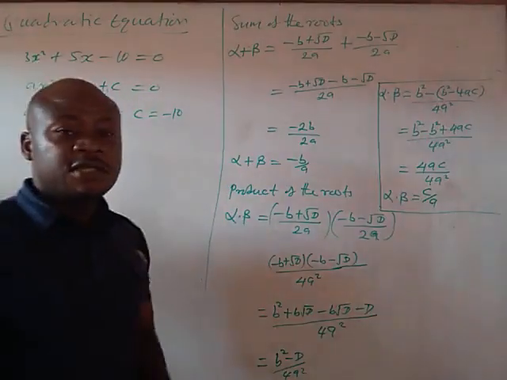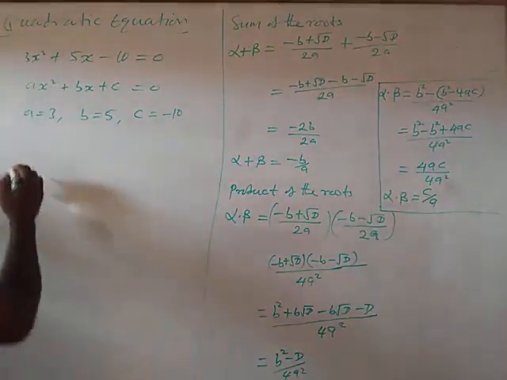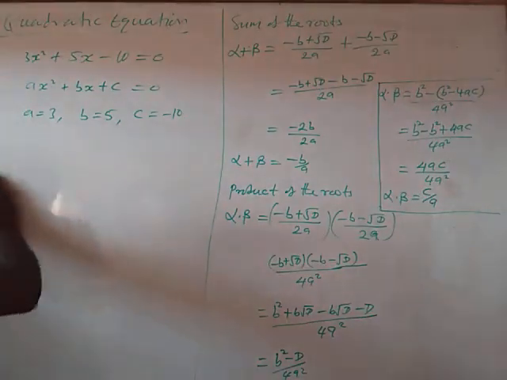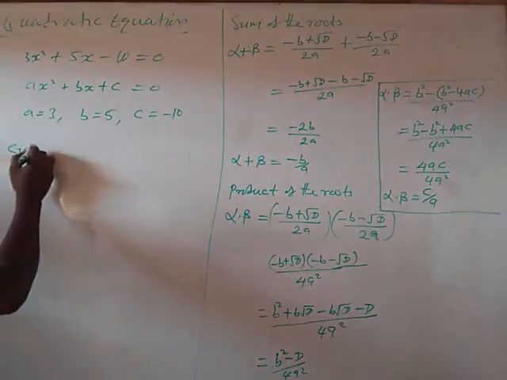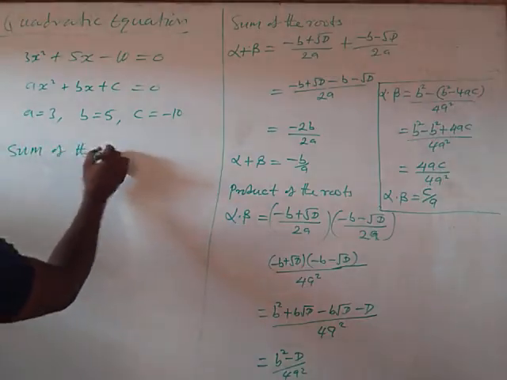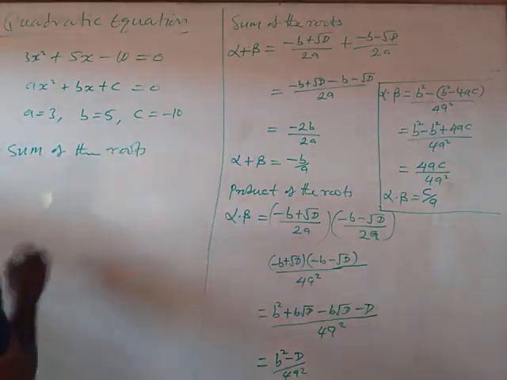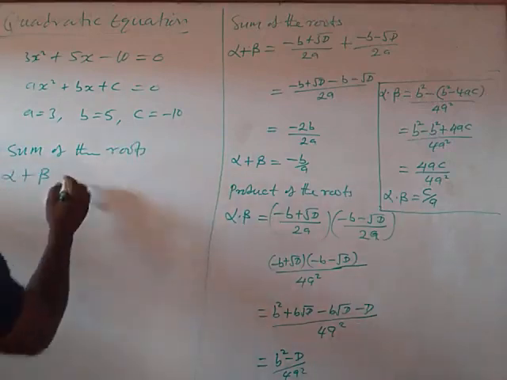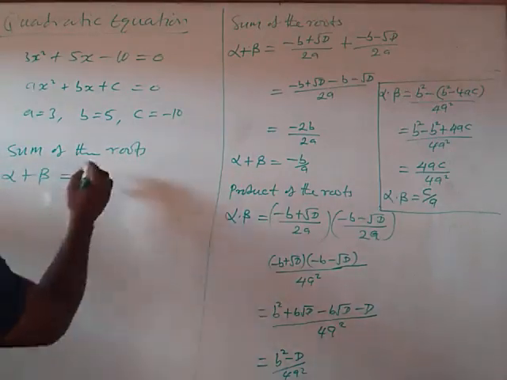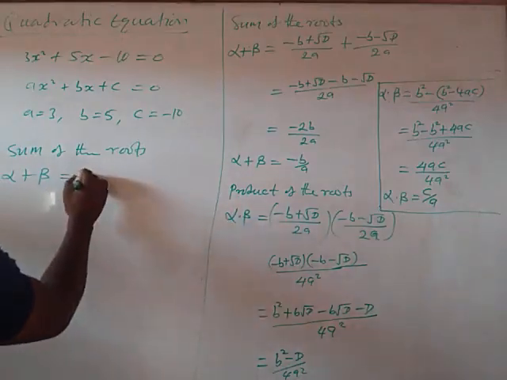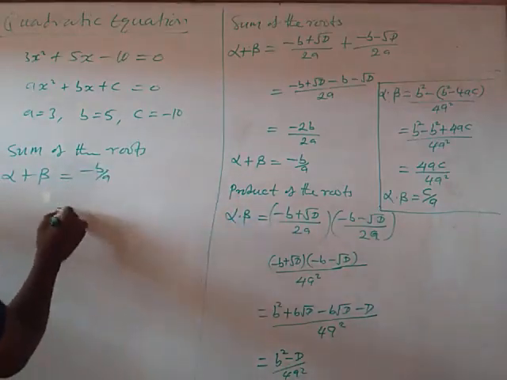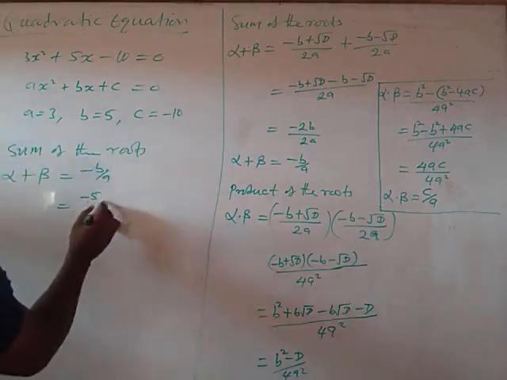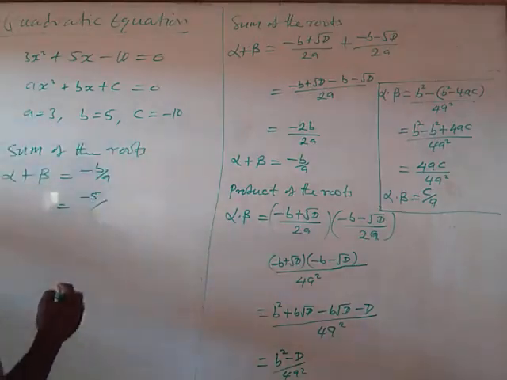Now, the next thing we do is to find the sum and the product. Let us look at the sum of the root. The sum of the root will be alpha plus beta, and what is alpha plus beta? Minus b over a. What do we have as our b? 5, so minus 5 over, what do we have as our a?